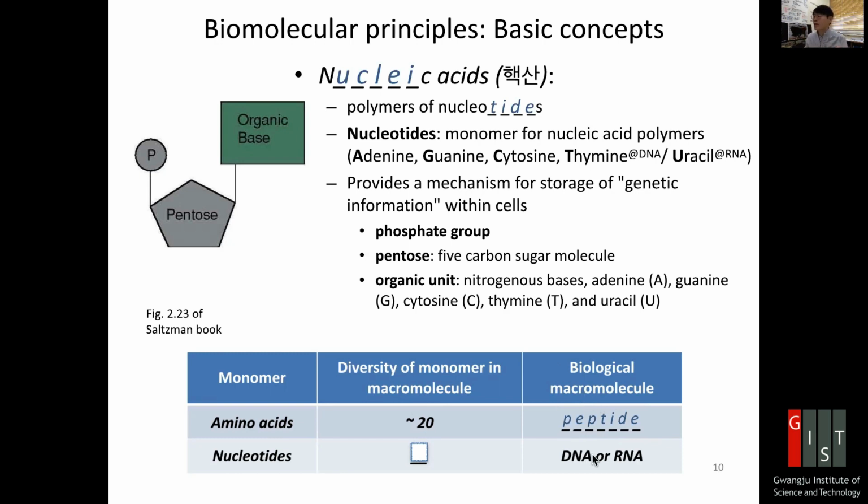And what about DNA and RNA? As I said, DNA and RNA are composed of nucleotides, and a nucleotide has these 4 subunits. That composes our DNA and RNA diversity and its information content.